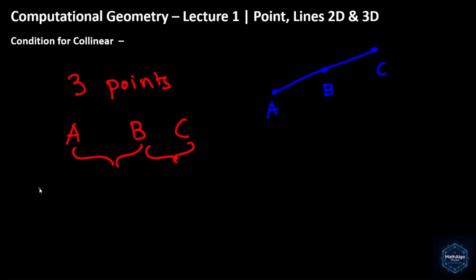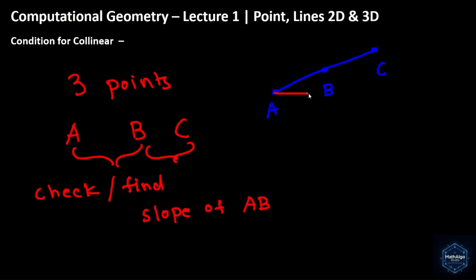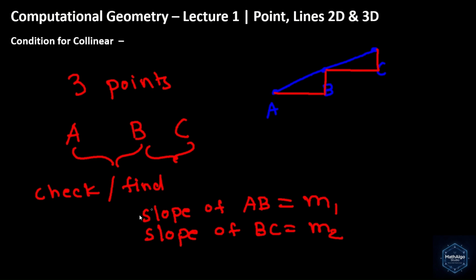Check their slope values. For AB it is m1, and for BC it is m2. If m1 is equal to m2, then we can conclude that the given points are collinear.